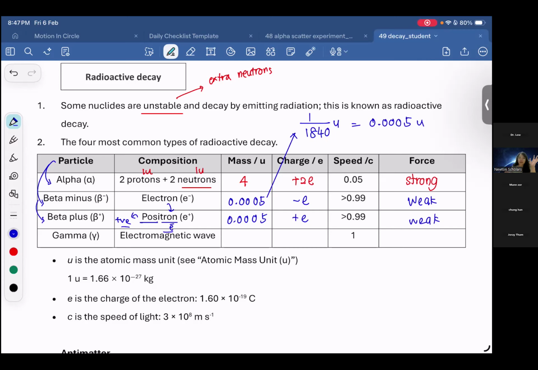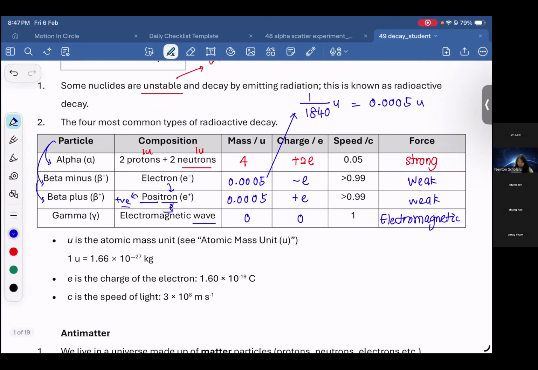This one is confirmed correct. But if you want to write particle, you cannot write gamma particle. It's not a particle, it's a ray, or we say wave. The mass is almost negligible, 0. Then the charge is 0. Then the force is called electromagnetic force.